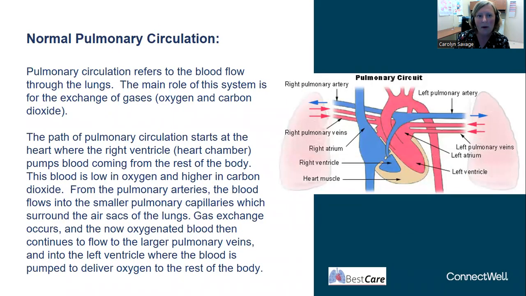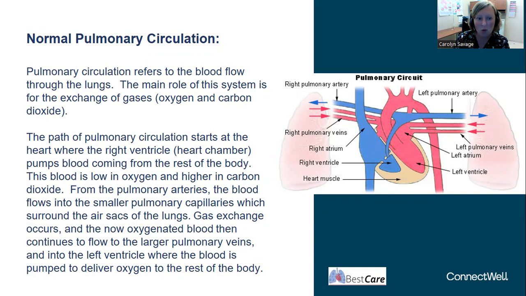So normal pulmonary circulation, pulmonary, of course, referring to the lungs, and circulation referring to the blood flow through the lungs. The main role of this system is the exchange of gases, the exchange of that carbon dioxide and oxygen. The path of pulmonary circulation really starts at the heart, where the right ventricle, or the bottom right heart chamber, pumps the blood that is coming from the rest of the body.